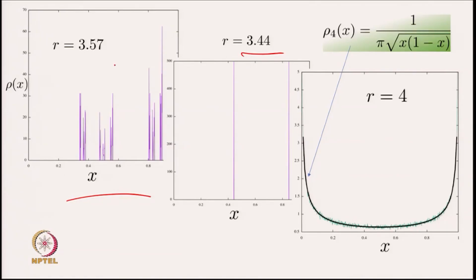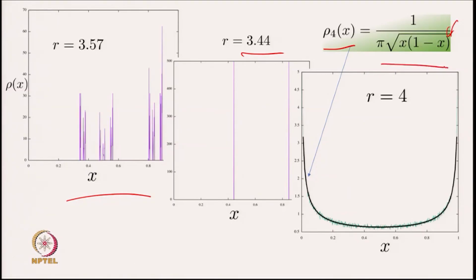And at r is equal to 4, which is the most interesting point over here, you find that the density has a very nice shape, which is given by an analytical formula: 1 over the square root of x times 1 minus x, times the normalization factor. So rho 4 has a very nice analytic form, and what you see superimposed over there is just a numerical experiment where we took maybe a million points or so, and calculated this particular density.